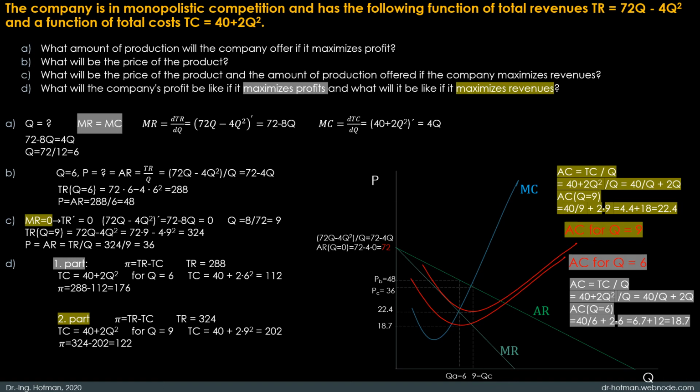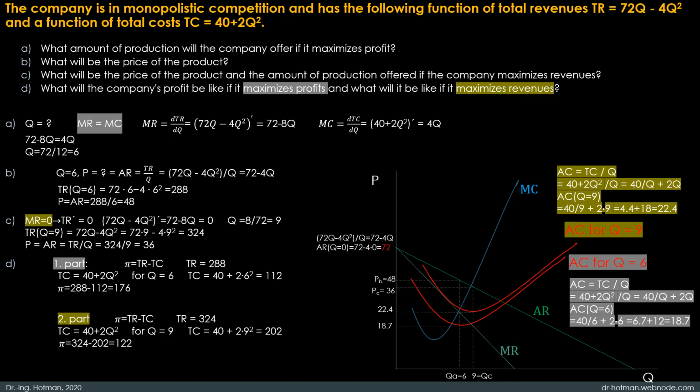We get total cost 40 plus 2 times 9 squared, which is 202. From here, profit equals total revenues 324 minus total cost 202, and it is together profit 122 if the company maximizes revenues.